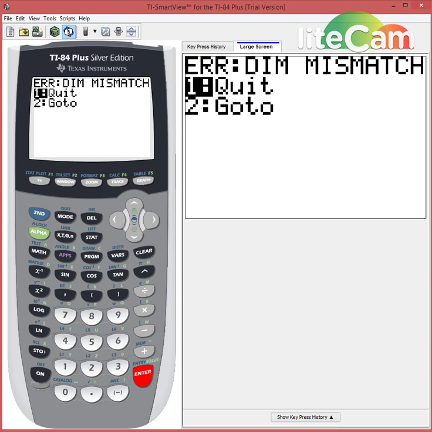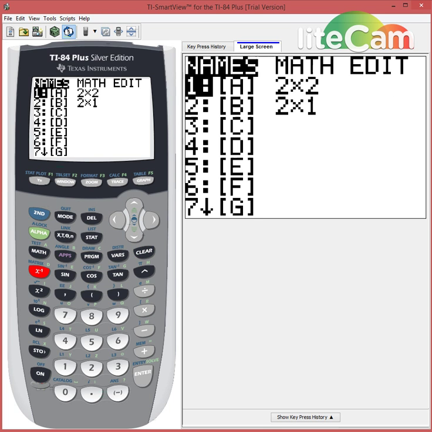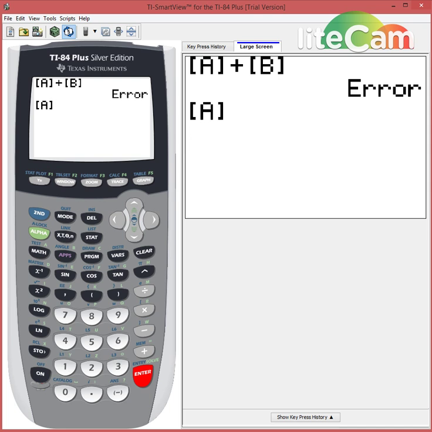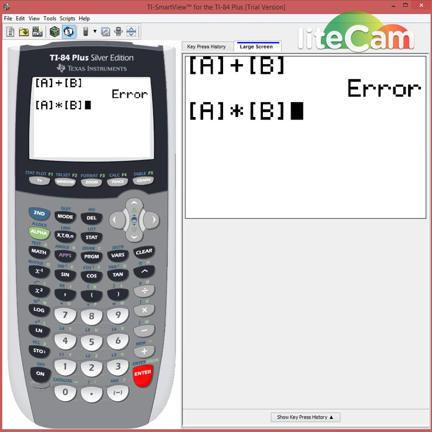Okay, so let's go ahead and try multiplying these. We know that'll work because the columns are equal to the number of rows. So let's go back and go second matrix A times, now you don't really have to put the multiplication sign in there, matrix, and B, press enter, and then press enter again so I can see the answer, and there I get 55 and 35.